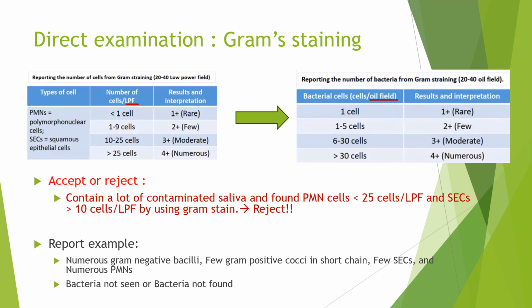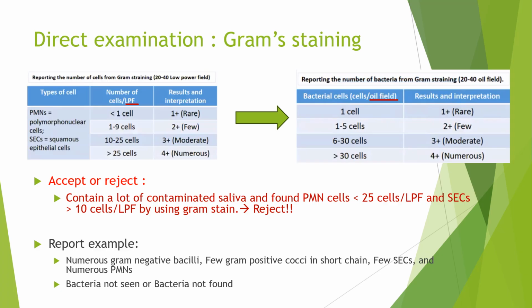If you observe less than 1 cell, you can report it as rare. 1 to 9 cells, report as few. 10 to 25 cells, report as moderate, and more than 25 cells you can report as numerous. It's the same for PMN and SEC.